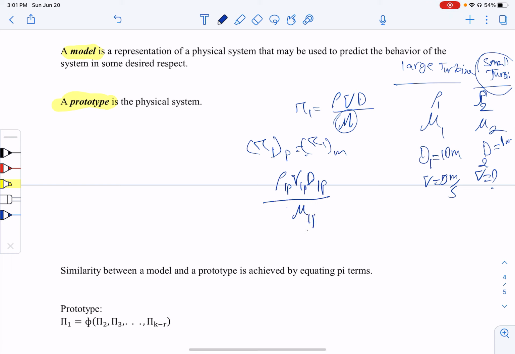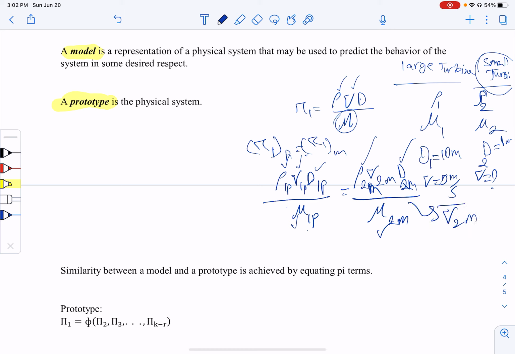Then we also need to consider all of these variables for the model, and d of the model. Because we know the diameter, density and viscosity, we can easily find the velocity.